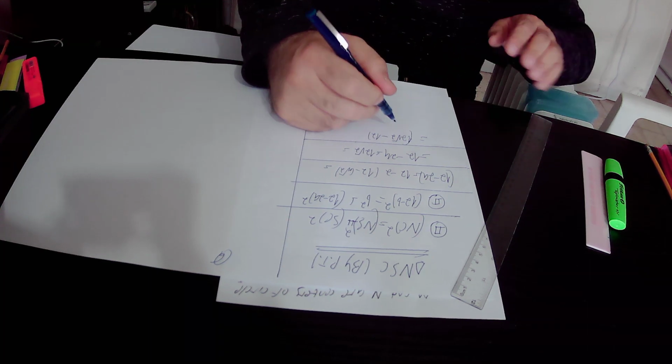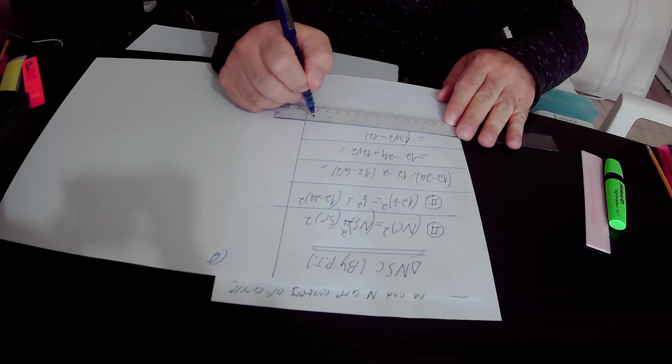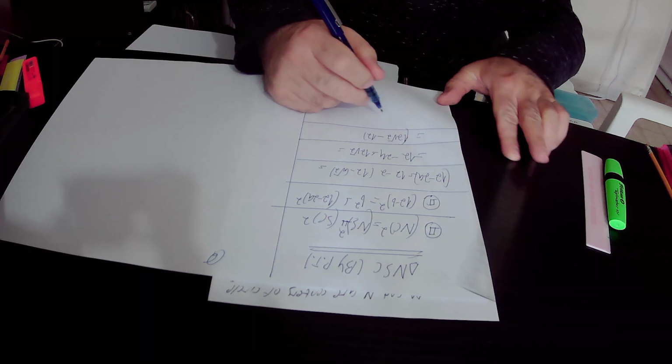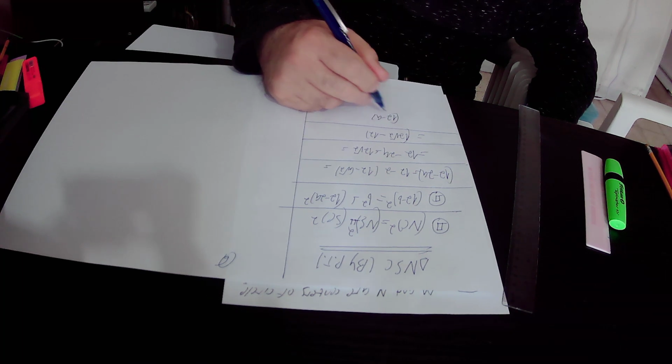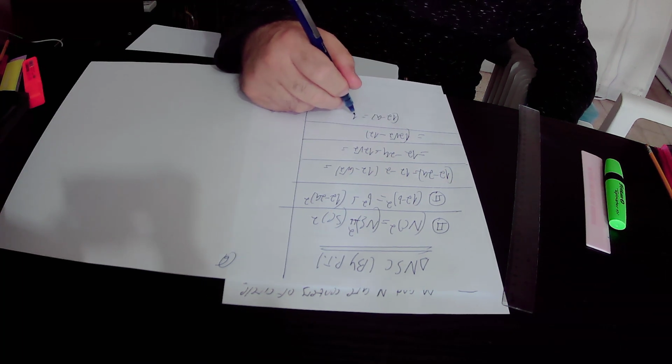In conclusion, we found out that 12 minus 2A is equal to 12 times square root of 2 minus 12.